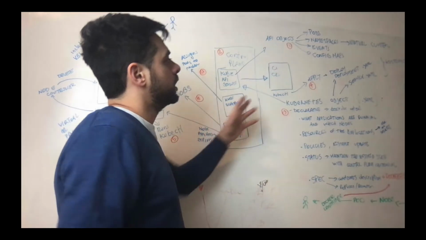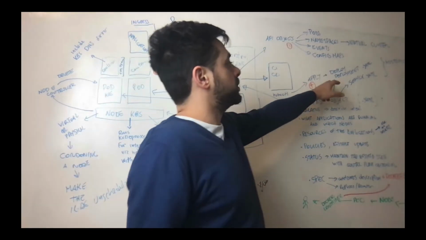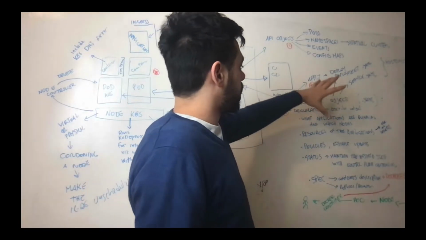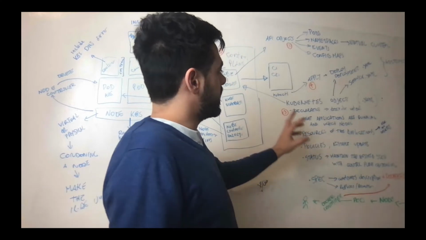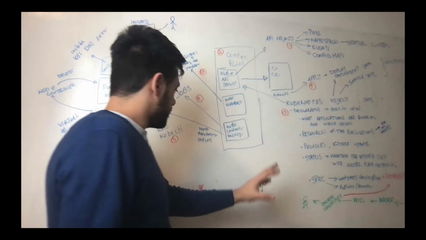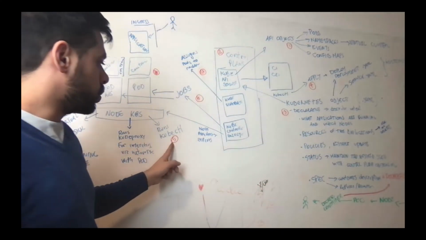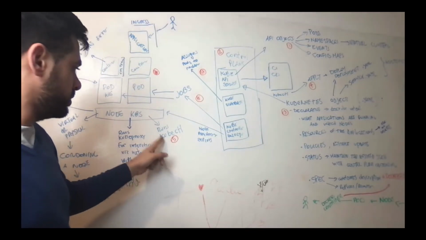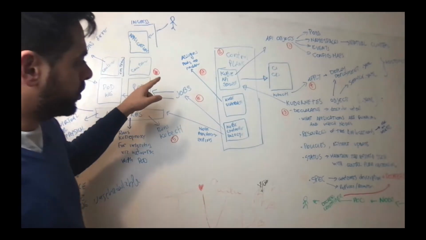Once you have this set of files together, you have your object defined, and what you do there is you do kubectl apply on a node.